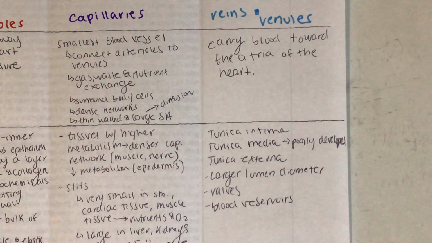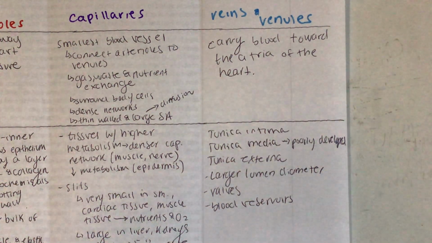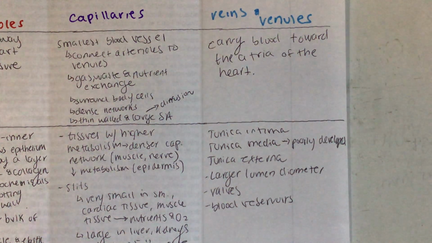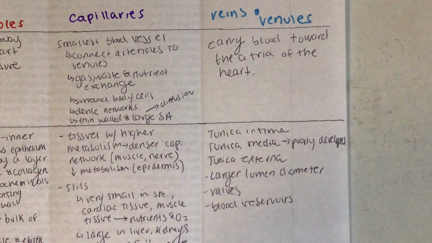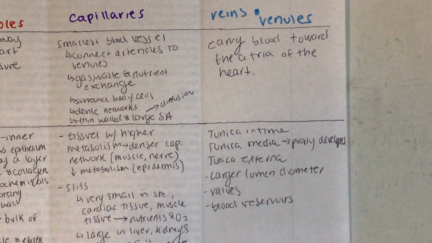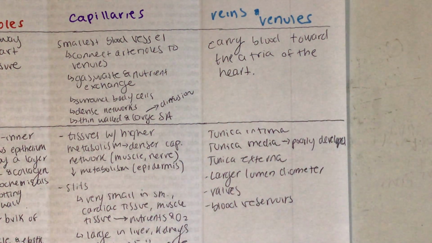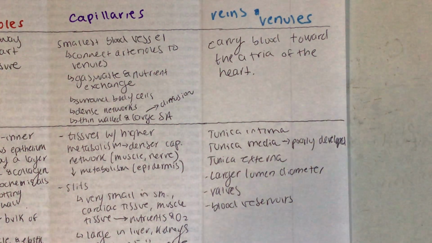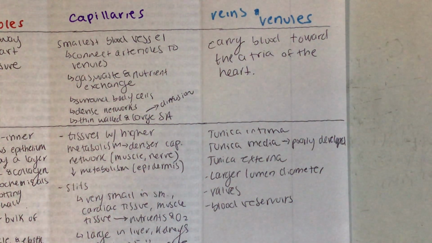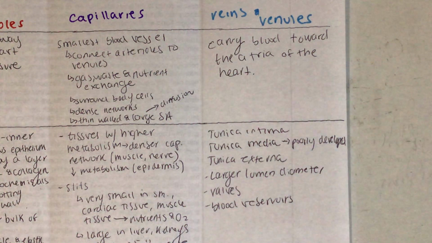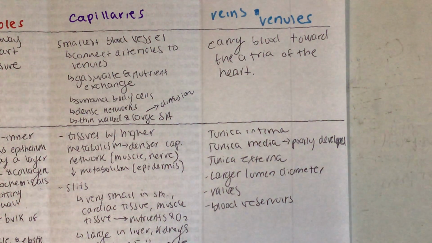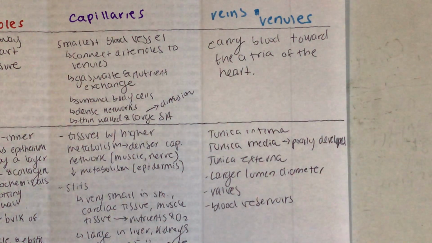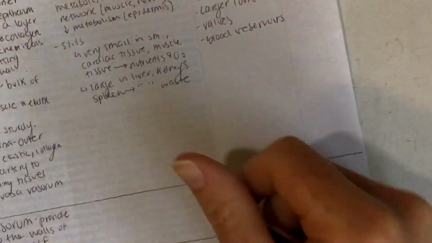This is really helpful to have these blood reservoirs in times when there's a hemorrhage, which is when a blood vessel ruptures, and you start to have that arterial blood pressure drop. And lowering of blood pressure can be dangerous, and so in order to keep it up, that sympathetic nervous system will stimulate those veins to contract more and push that blood to keep that blood pressure back to normal. So what we'll define here in the vocab section is a hemorrhage.